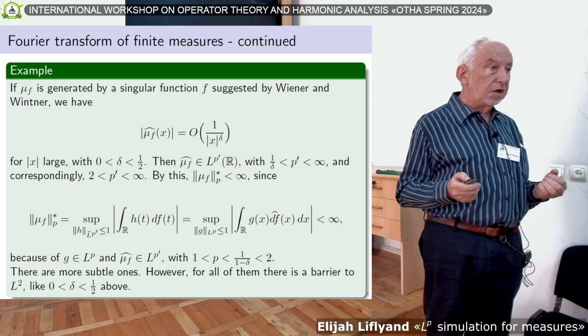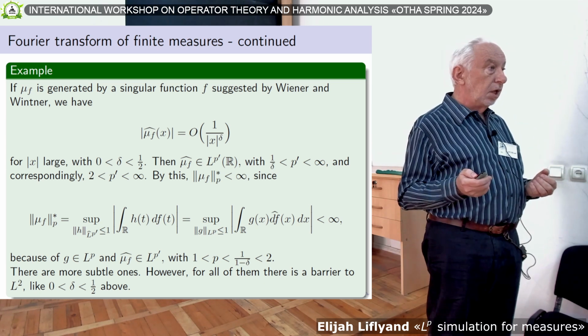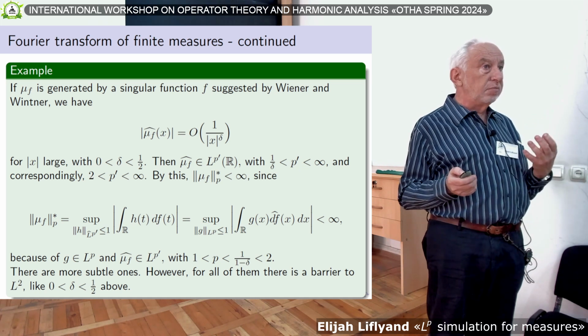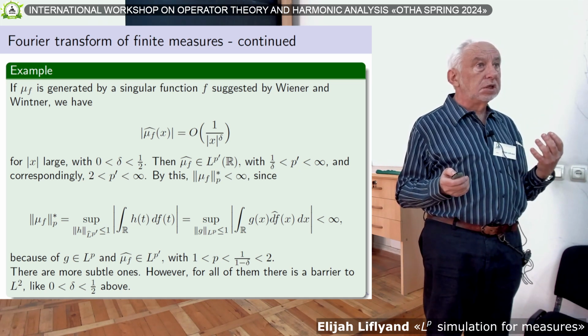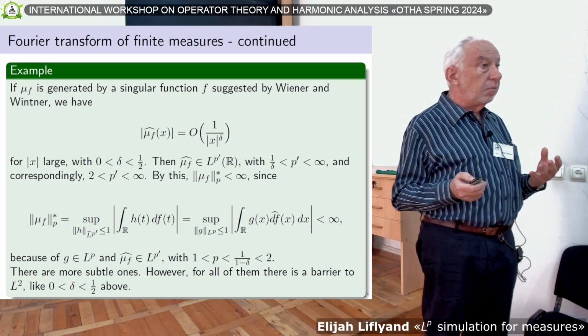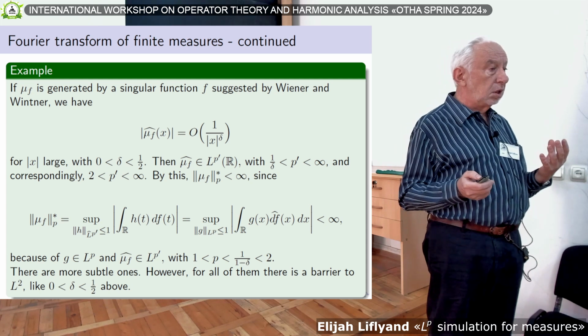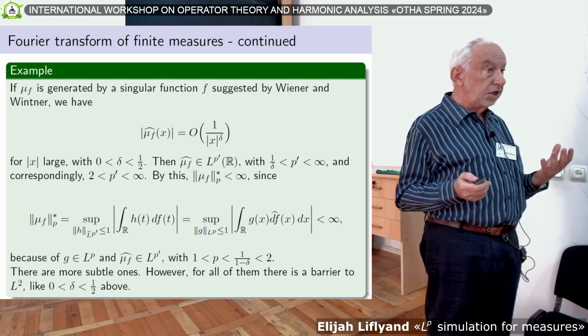For measures, it is not the case in general. The Fourier transform of a measure is a bounded continuous function, but not always vanishing at infinity.